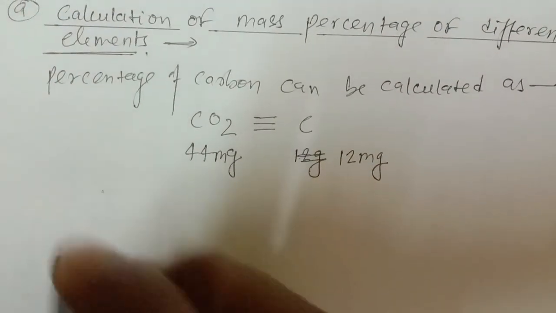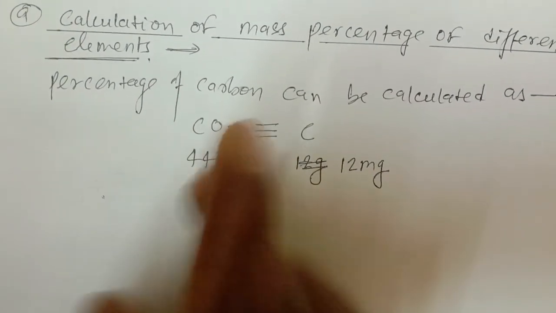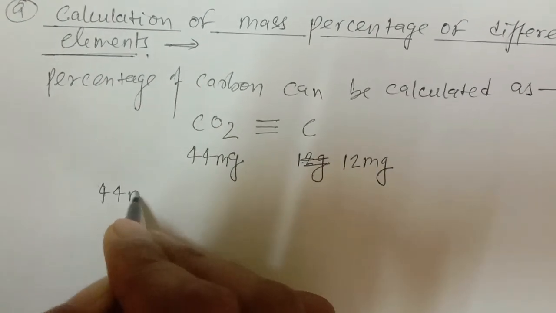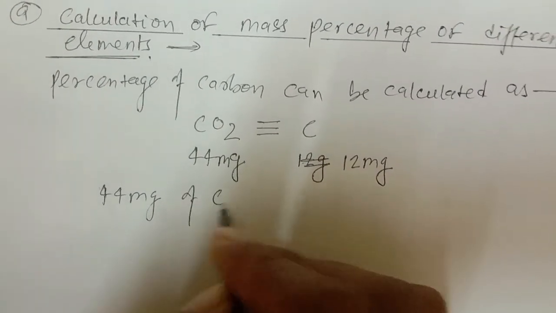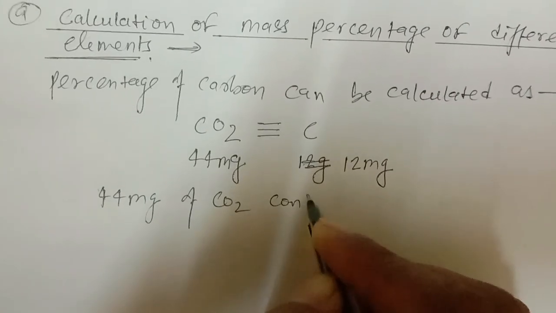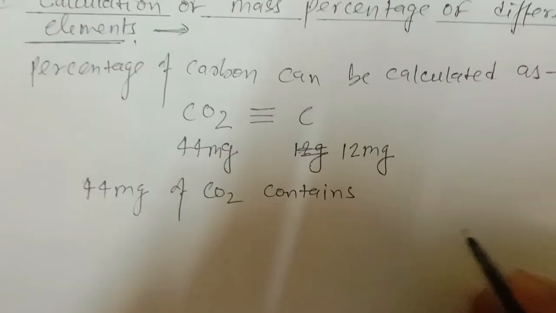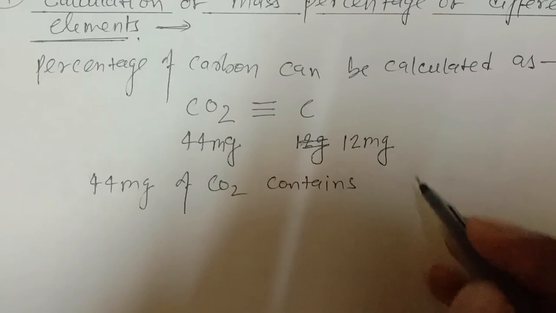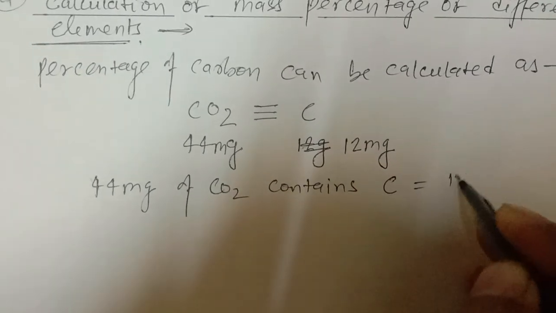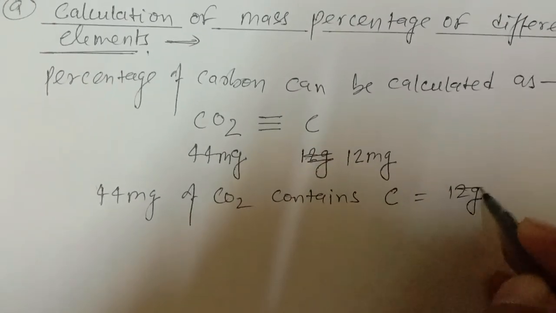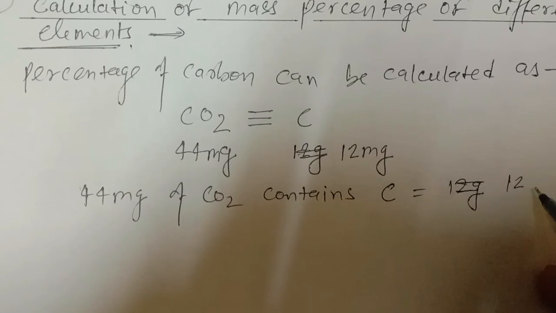So we will write this in language: 44 milligram of CO2 contains carbon equal to 12 milligram. Sorry, 12 milligram, not 12 gram.